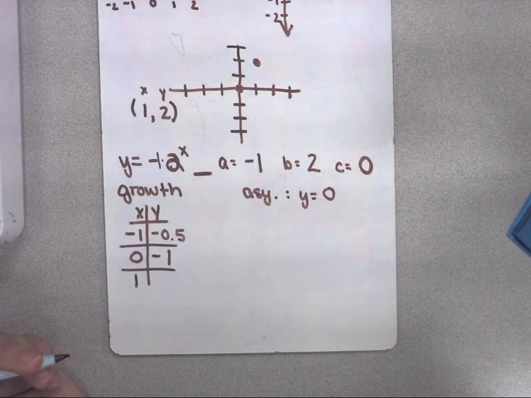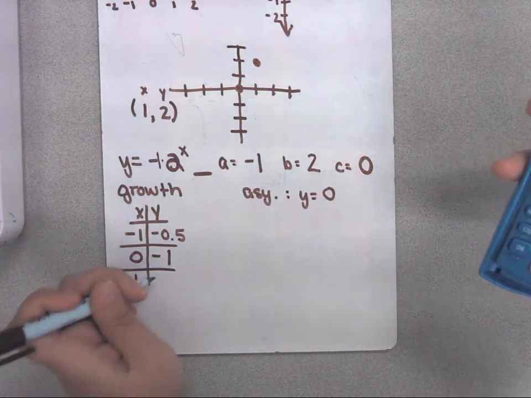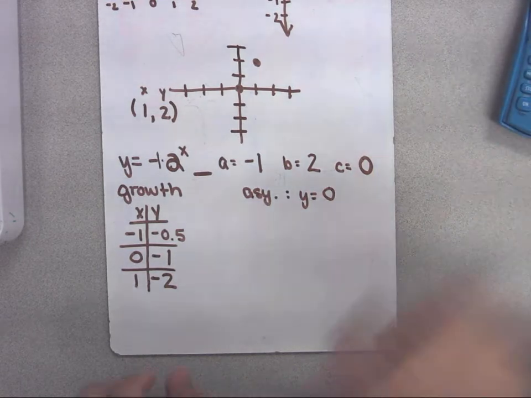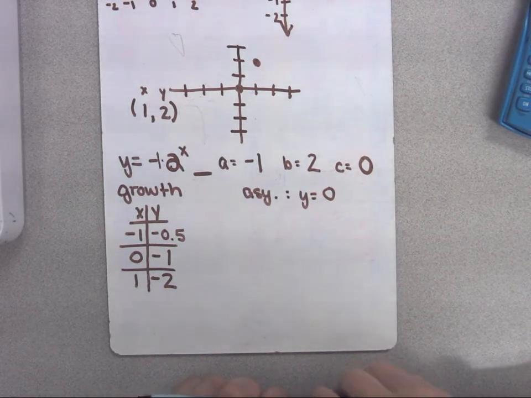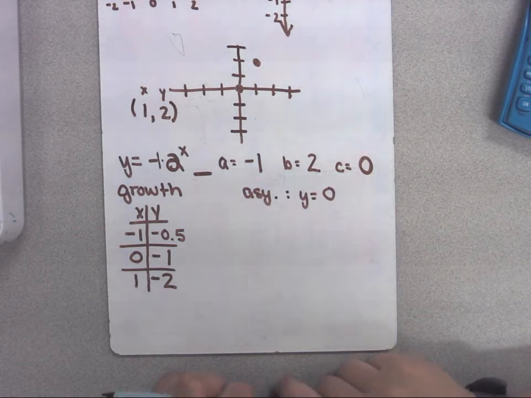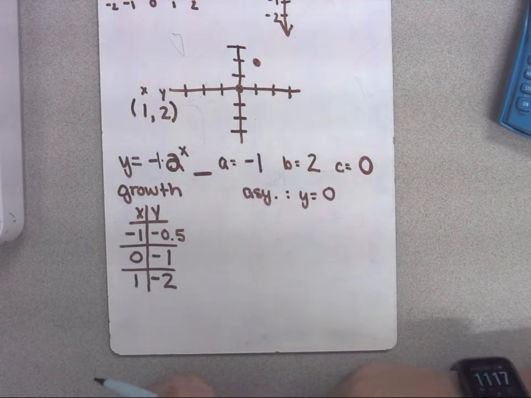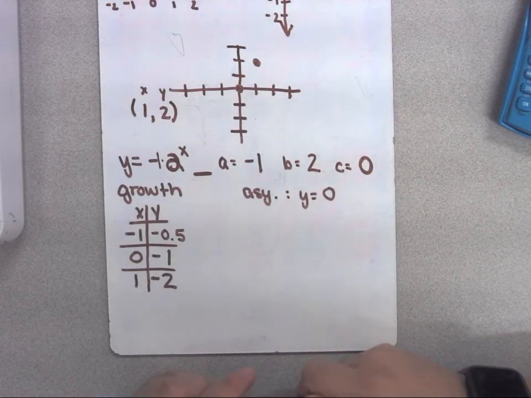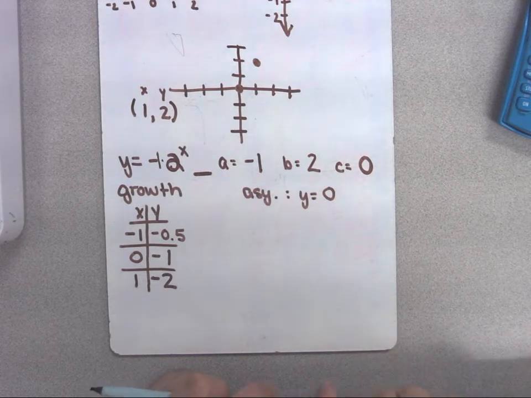What do we get that time? -2. Do we all get the same numbers? Plugging into our calculator, did you put -2 to the x? As long as you put the negative in there, you're fine. You just can't forget the negative.